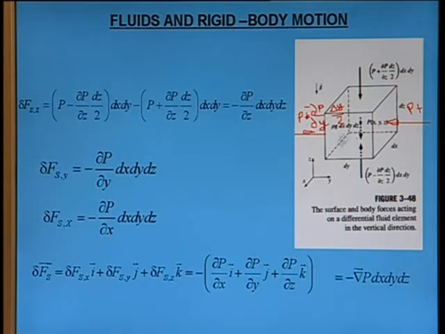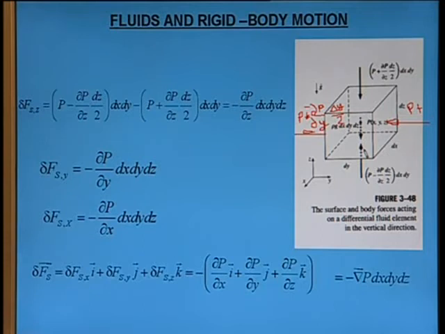Similarly, we can find out the pressure force on other faces, and after knowing the pressure force, we can find out the body force. So, what are the different body forces acting? One is the weight. Weight is acting through the centroid of this volume, which is equal to dx, dy, dz multiplied by weight density, right. Then we have acceleration in x direction, y direction, z direction.